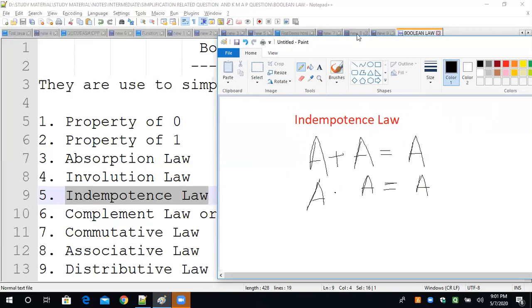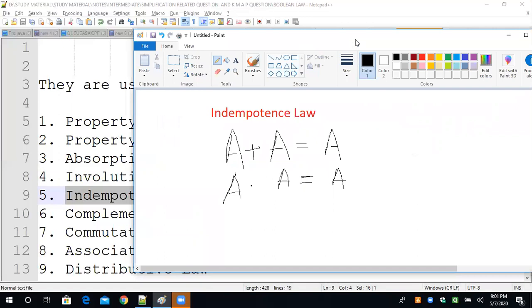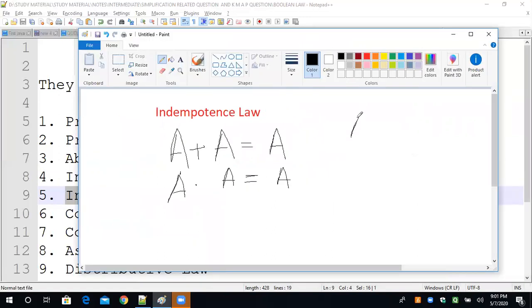Just a moment, we'll see it by the truth table. So A and one more A we have to take, because A plus A is there. By the truth table I am proving it.